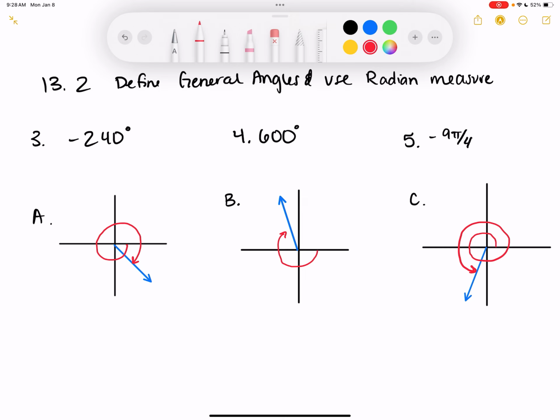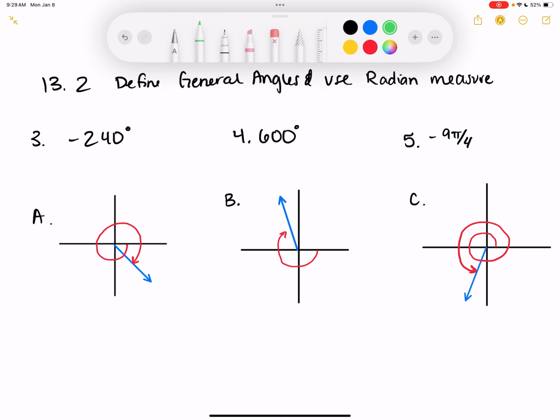So the other day we did positive, and positive goes around counterclockwise. So there's only one of these angles that's given to us in 3, 4, and 5 that is positive. So I need to look at my graphs down here, and I'm going to see which one is going in the positive direction. So which one would that be?